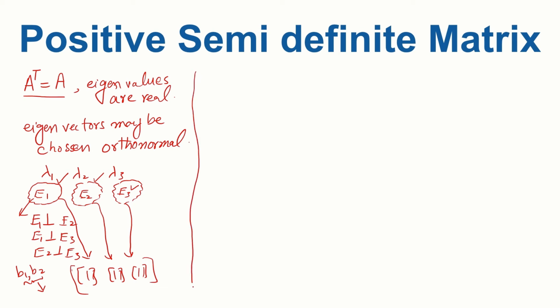So next, what we talk about is the positive semi-definite matrix. A positive semi-definite matrix, let me call it S, is symmetric, which means S is S transpose. Any matrix that is symmetric and all eigenvalues are non-negative.